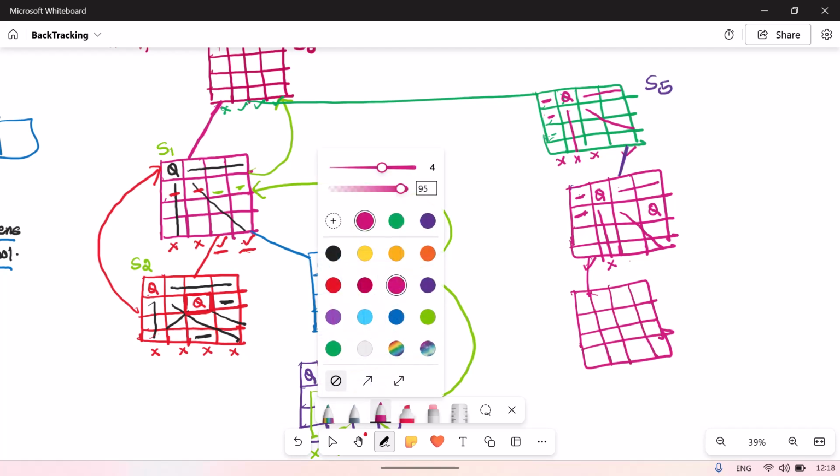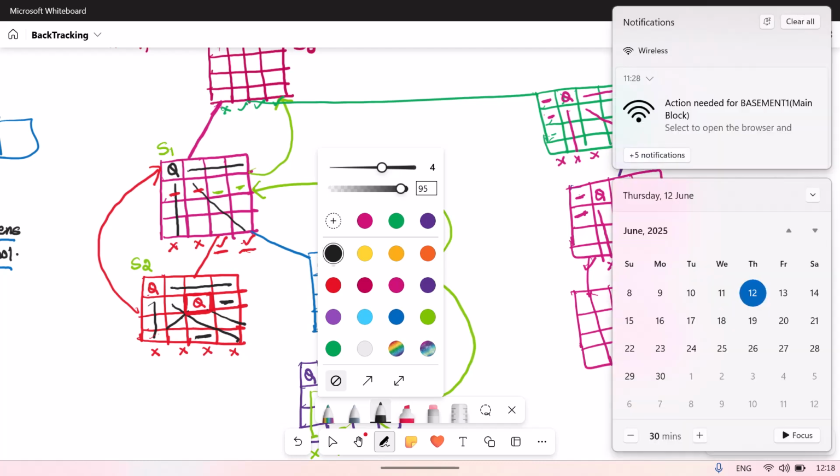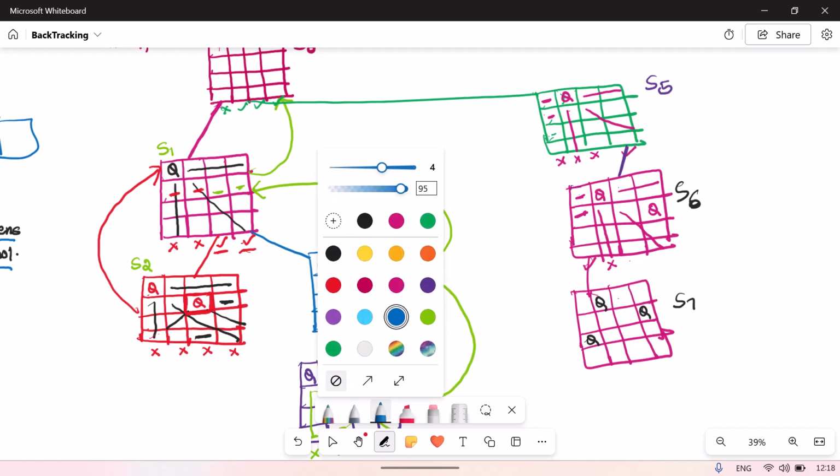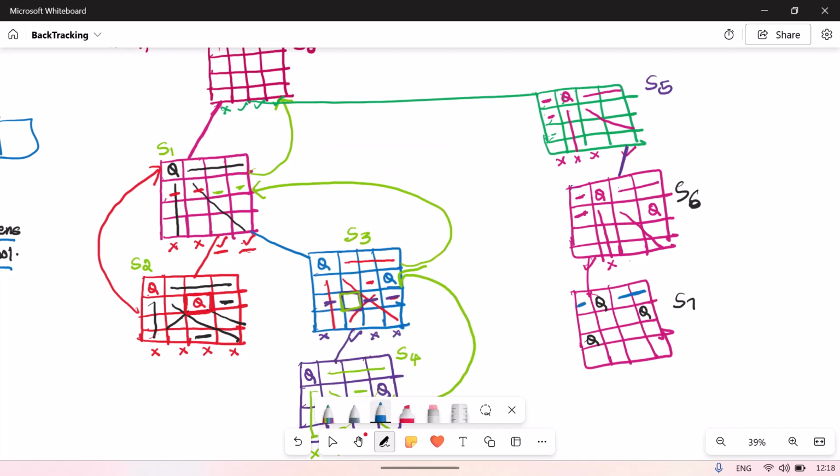You are supposed to show all the states very clearly. Sorry, this is S6 and this is S7. So queen, queen, and queen. Now what about S7? S8, okay. So this is not a possibility. Not same row, same column, diagonal, same row, diagonal.